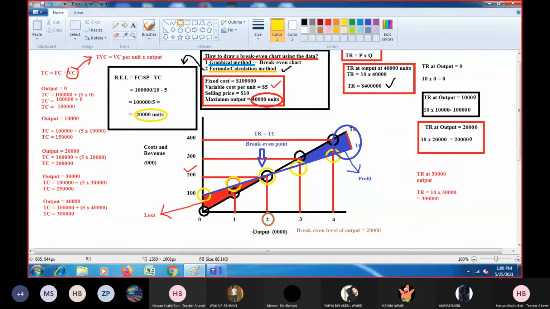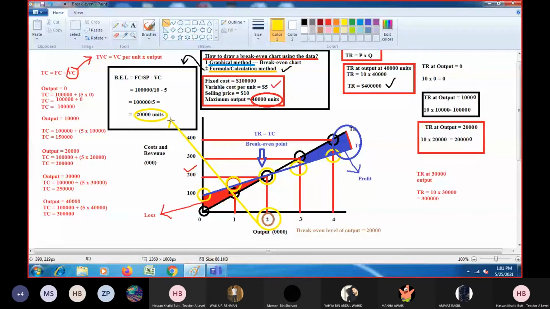Now look at the break even we found out here in the break even chart. It's the same, 2 and the 4 zeros just below it. So it is 20,000. So you can see that we got the same answer using the calculation method as well.